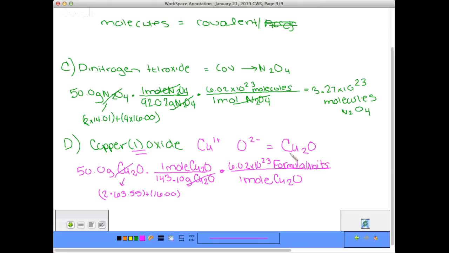So we have that many formula units, because again, these don't really necessarily represent molecules. They represent the lowest common ratio. So we have formula units for an ionic compound.